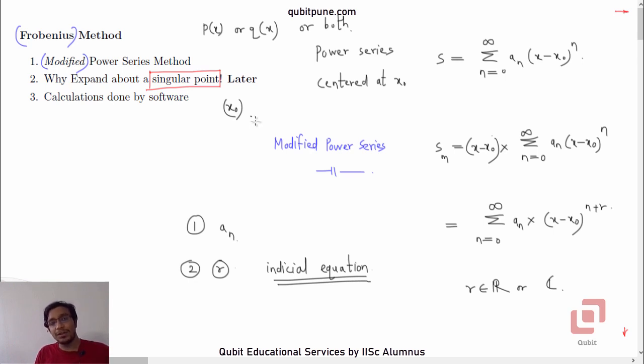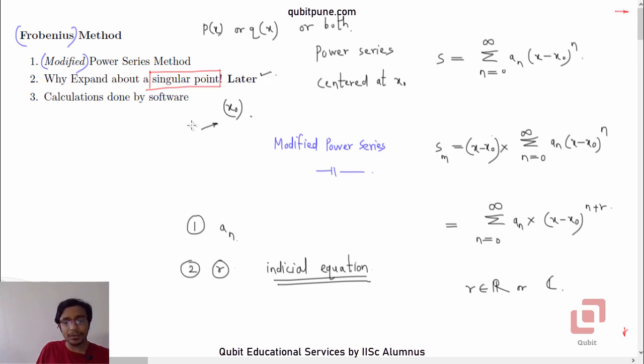Now you may ask, what's the whole purpose of expanding p and q, as well as the unknown function y and its derivative, about x naught? Well, the answer to that question will become clear later as we solve the problems.